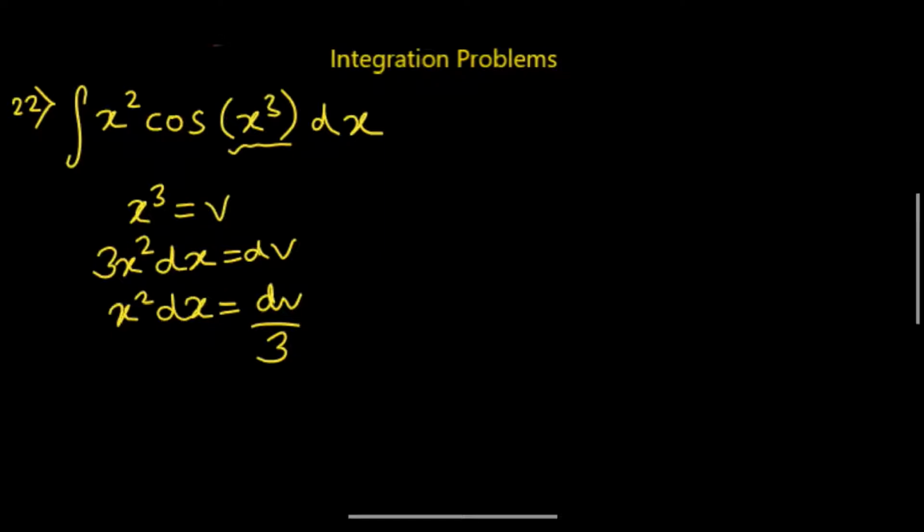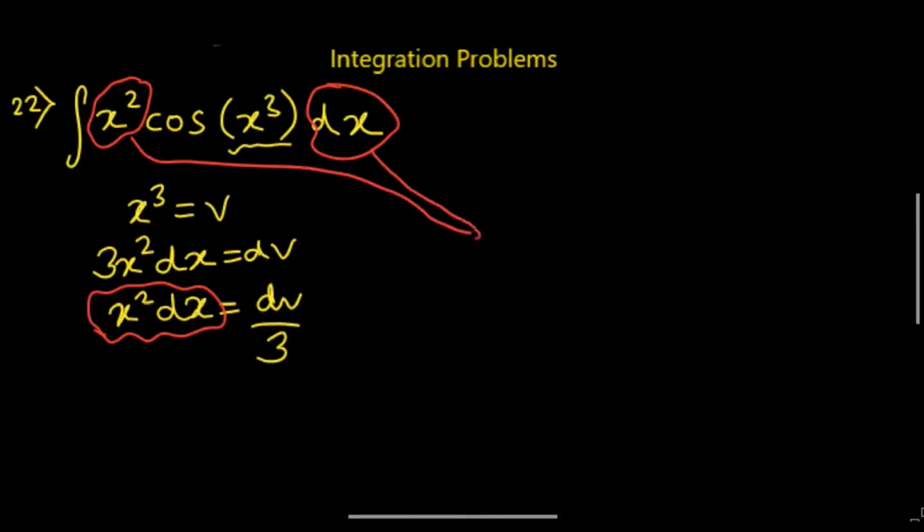So you can see this term we can substitute in the question, this one and this one, coming out as x square dx, and we are left with cos x cube, that is cos v, since x cube we have taken as v.